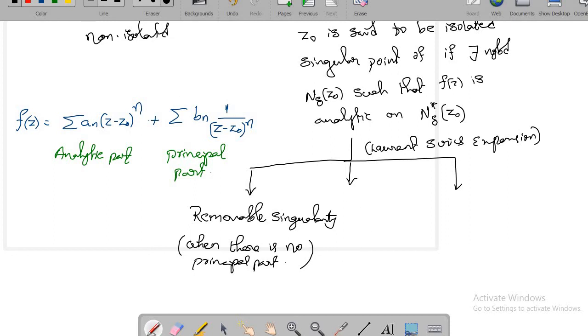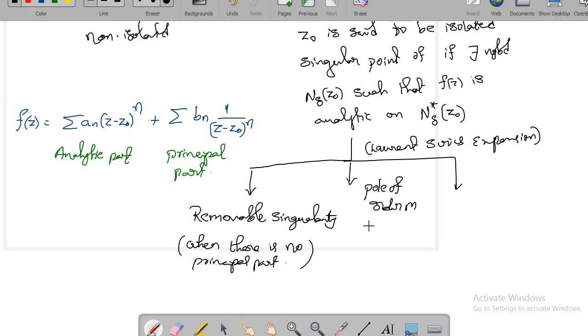Okay, so the next thing, we call it a pole of order m if the highest term in the principal part is 1 by z minus z naught whole power m.